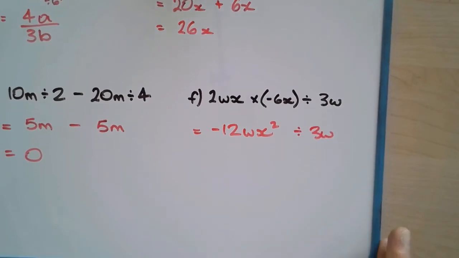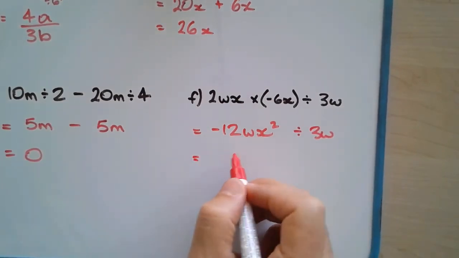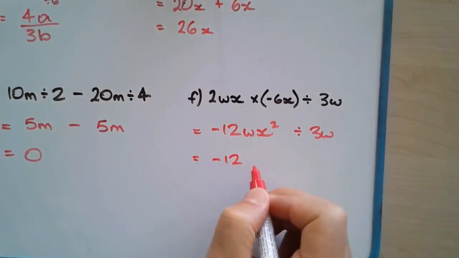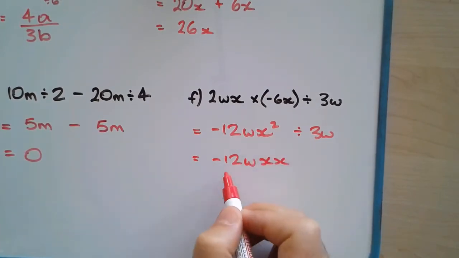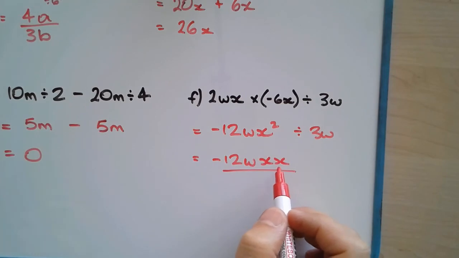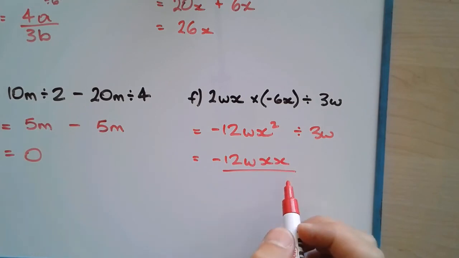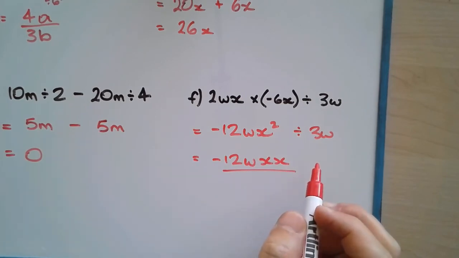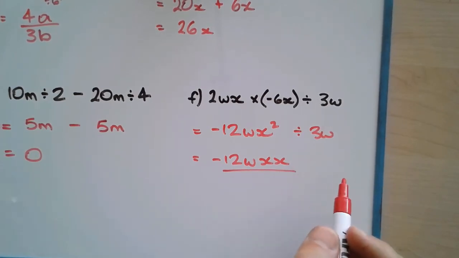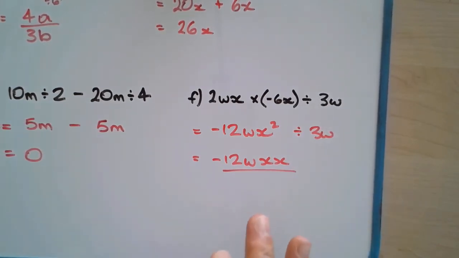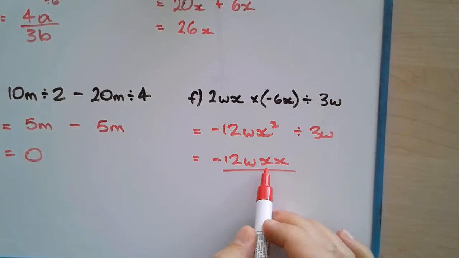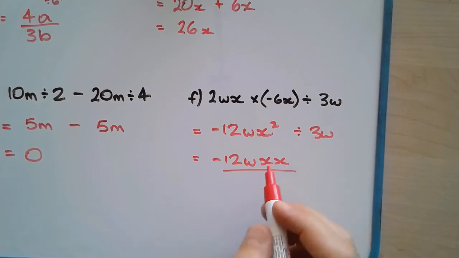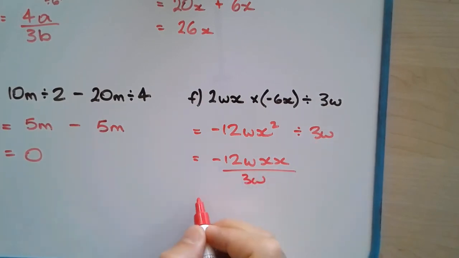Next step, we can express this as a fraction, so that's negative 12w, now x squared, I'm going to write it as xx again. You don't have to do this. For those of you that know the index laws, it's easy enough to apply the index laws directly. But for those of you that are not familiar with the index laws, it's another nice way to see why you do all this crossing off and why it works. So over 3w, divide the numbers.